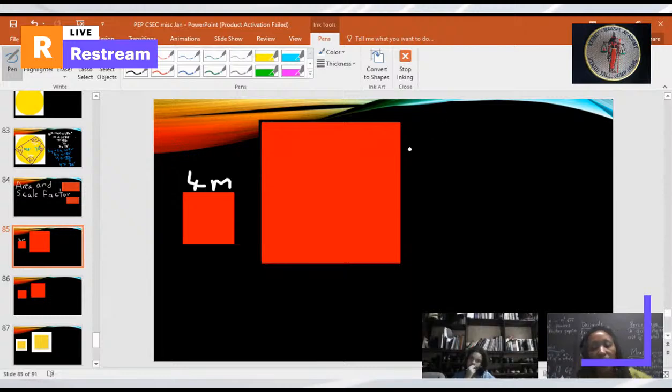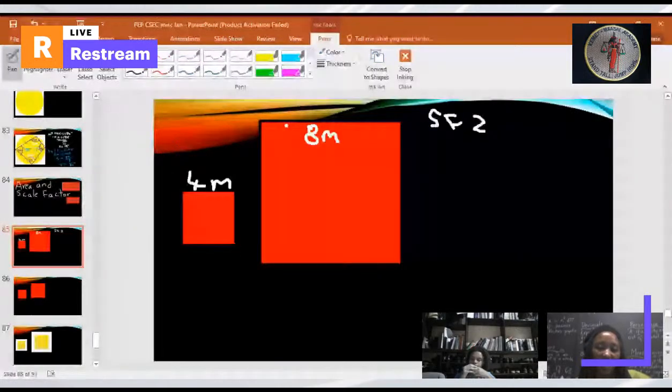So we're multiplying the length, just the length, by 2. In that case, the length of this side here would be 8 meters. So the scale factor is 2. This length is twice that length. So let us see what effect that has on the area of both squares.